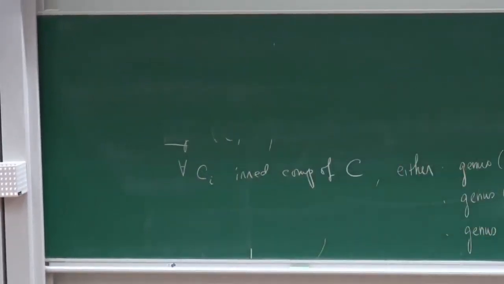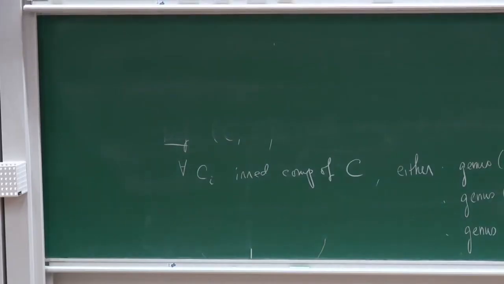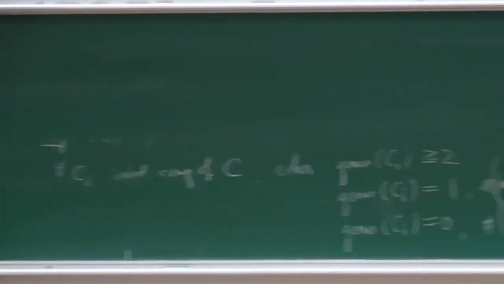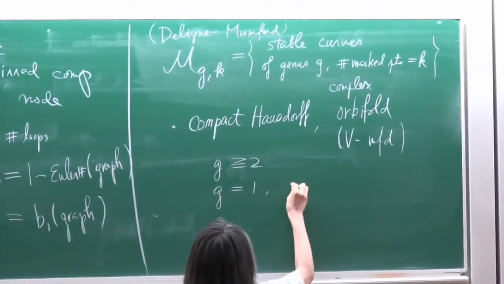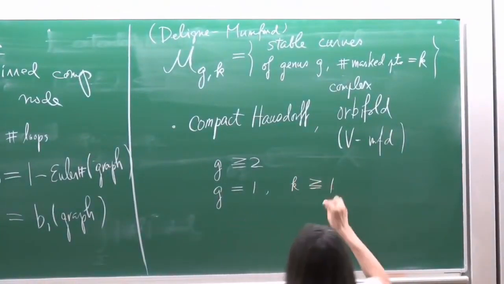Sorry, I have to assume something. So here I have to assume this. If g is bigger than or equal to 2, then it's okay. And if g is equal to 1, then k must be at least 1.